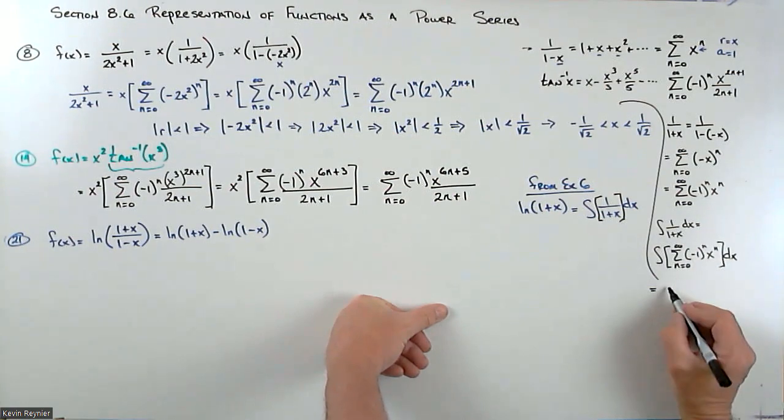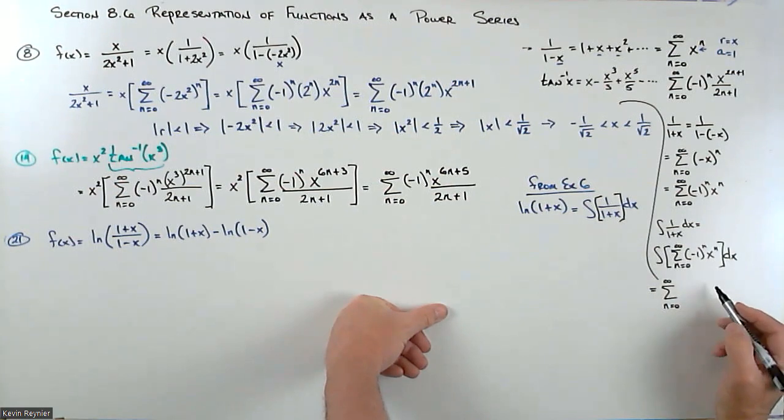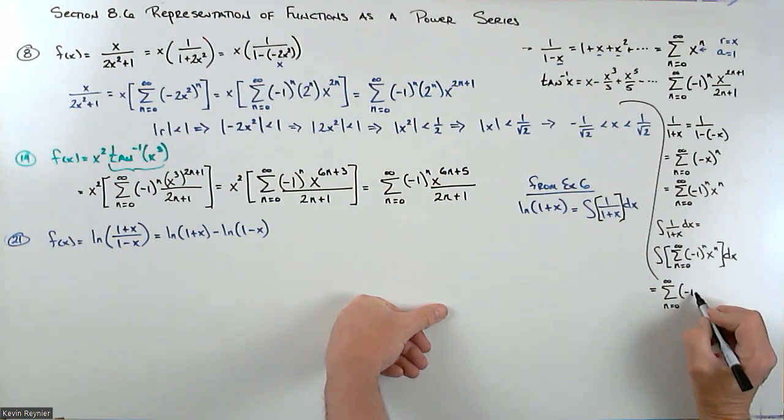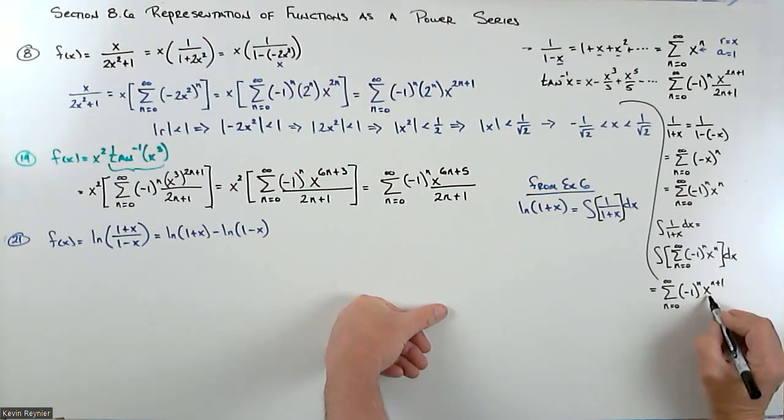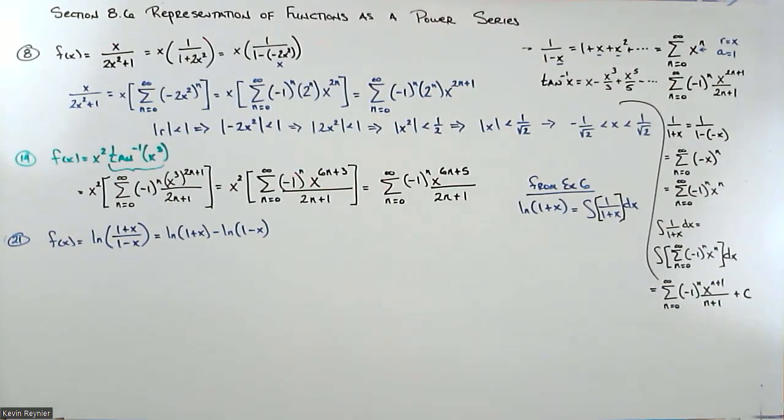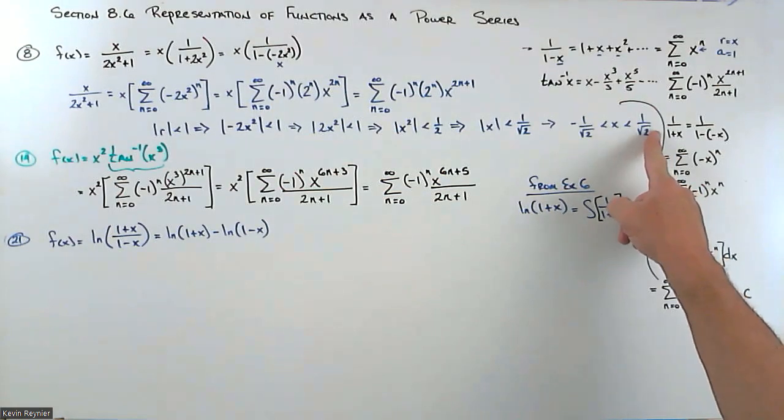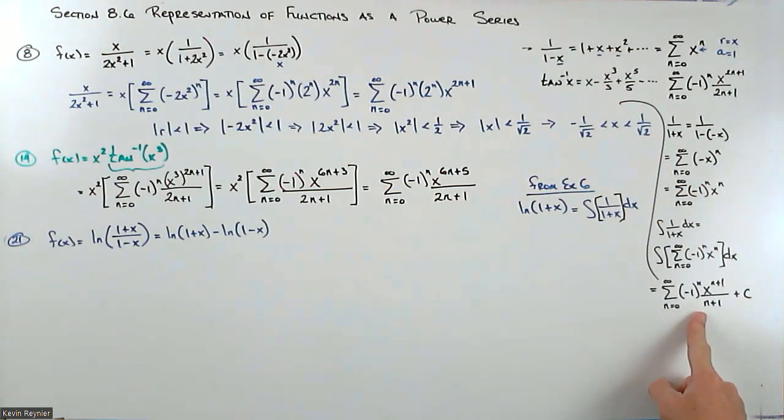When we integrate this, we get sigma n equals 0 to infinity of (-1)^n, which is just a constant. We add 1 to the exponent, so that's x to the n plus 1, divided by n plus 1, plus a c. Now, remember, to find c, all we do is plug a value in here and a value in here, and we can find c.